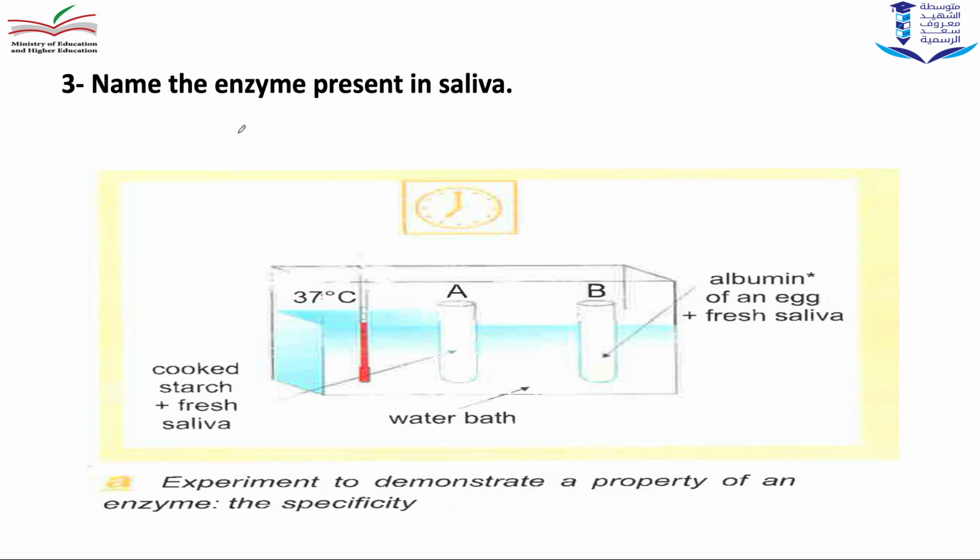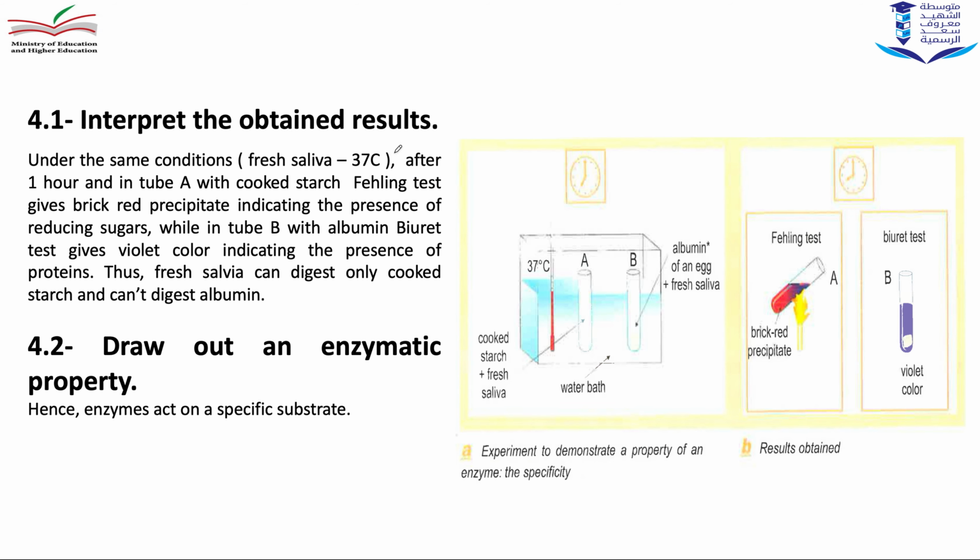Name the enzyme present in saliva. It's salivary amylase. Interpret the obtained results. هون we have to learn well how to interpret هدول results that are present here. انتبهوا, during interpretation and analysis, without the variable factor, you will get directly zero.